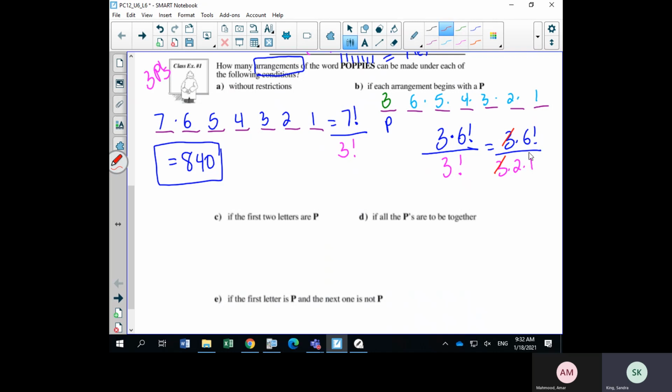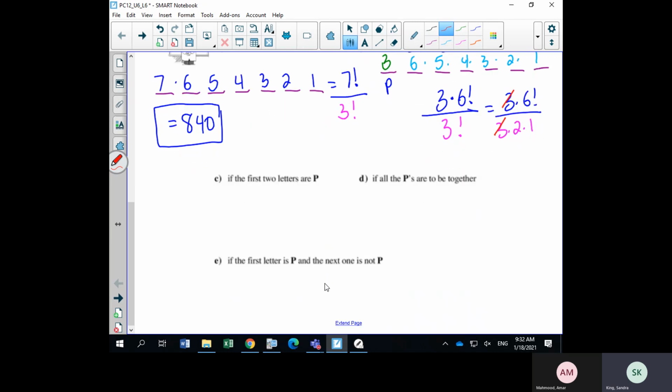And so it is 6 factorial divided by 2. The workbook would say it's 6 factorial divided by 2, so they would just give you that answer. And I'm going to show you how they got their answer.